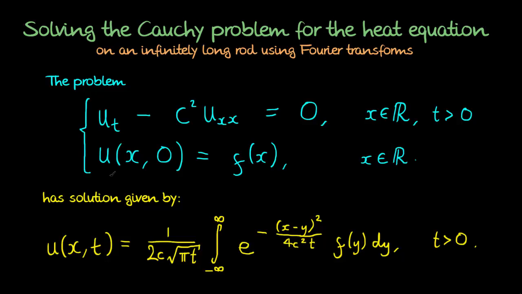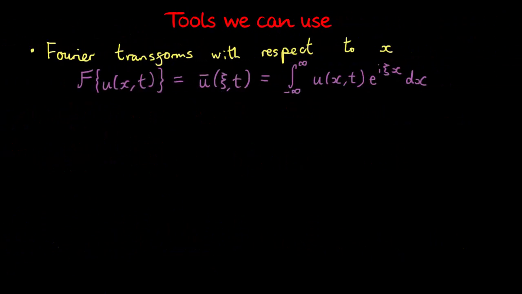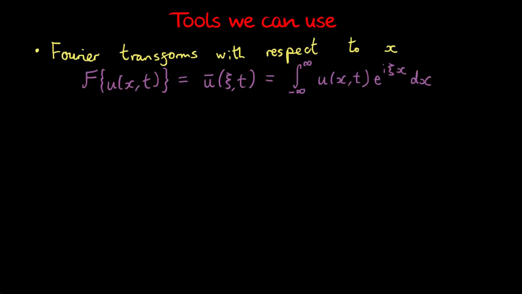And we're going to show that this problem has a solution of the form of this expression given in yellow. Let's begin by reminding ourselves what tools we can use when we're using the Fourier transform. First of all we should say what definition of Fourier transform we're using. We're going to define Fourier transforms with respect to x.